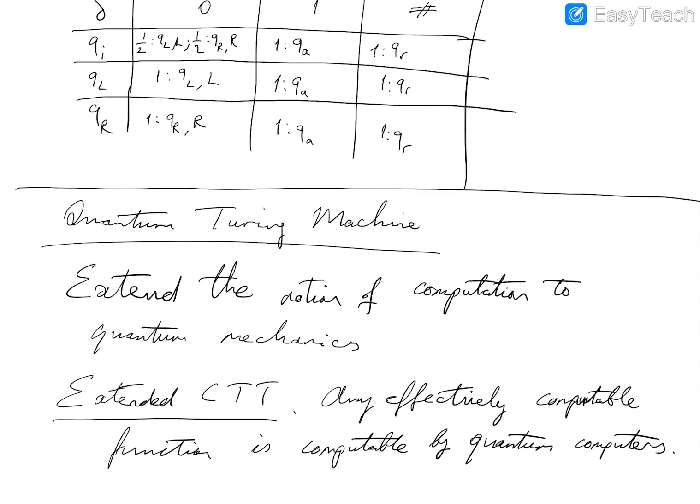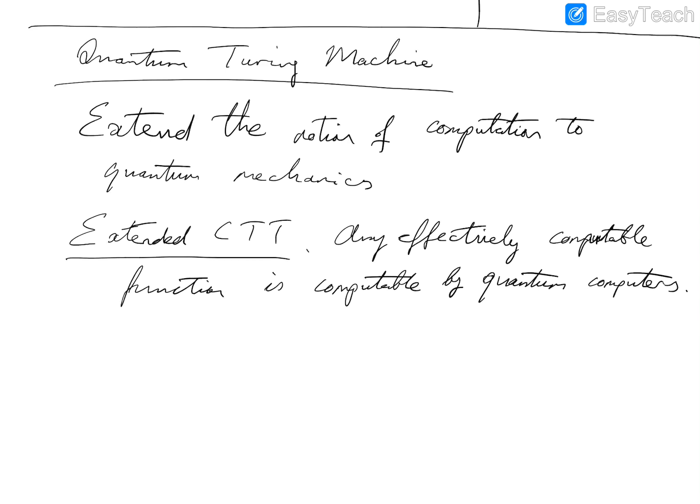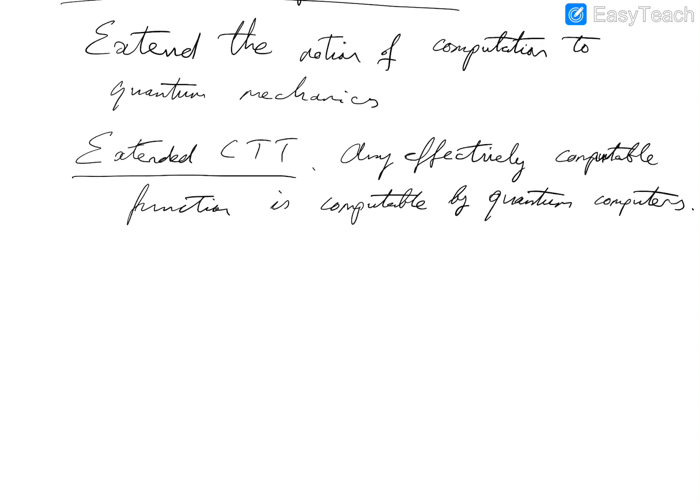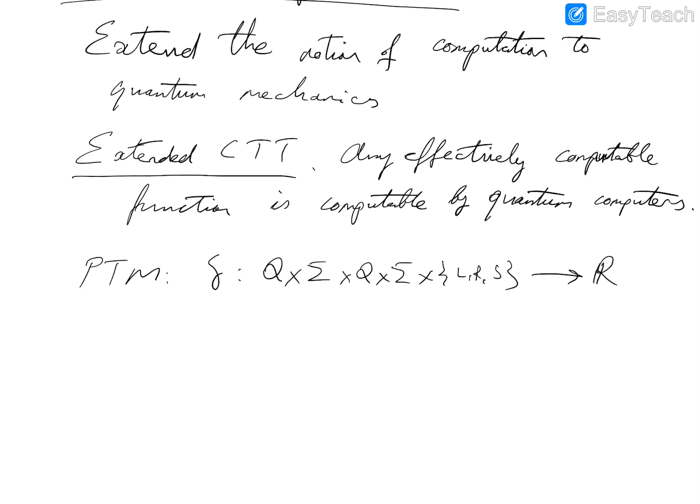A quantum Turing machine is a generalization of a probabilistic Turing machine. Instead of using probability factors, we use transition amplitudes. Remember, in probabilistic Turing machines, the delta function receives q, sigma and some direction, left, right, stationary, and maps to some real number or rational number.